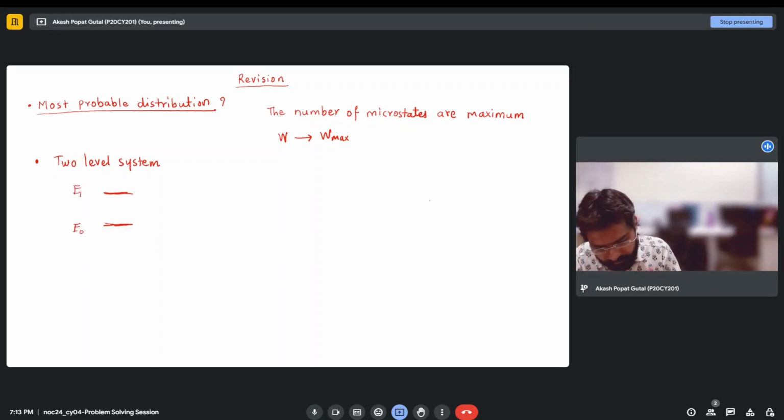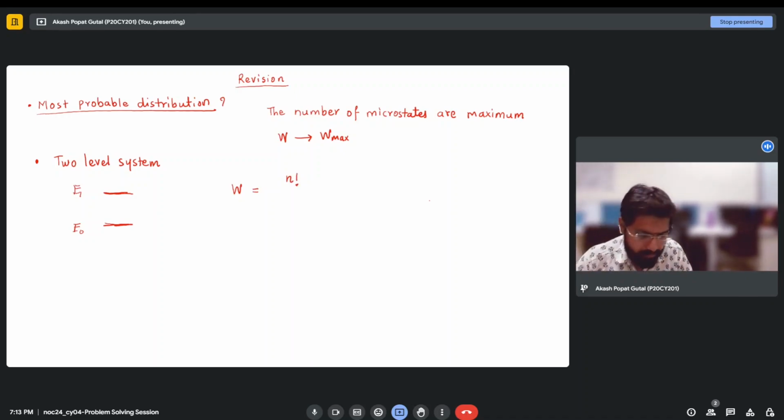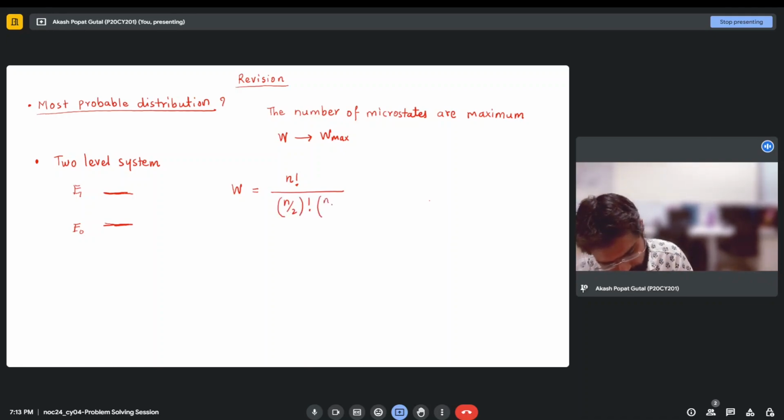For the distribution of particles, I will directly write the formula we have discussed in the lectures: N factorial divided by n by 2 factorial into n by 2 factorial.